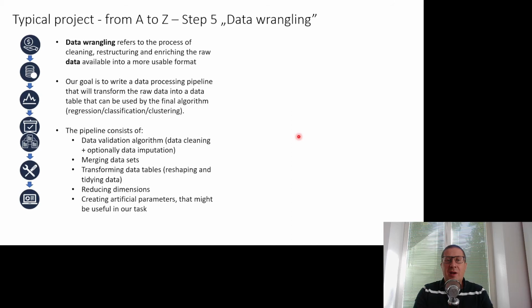Data wrangling refers to the process of cleaning, restructuring, and enriching the raw data so it can be used to train our algorithms. So our goal is to write a data processing pipeline here that will transform raw data into a data table that can be used by the machine learning algorithms, and of course to validate the data, to clean the data, maybe to generate new features.